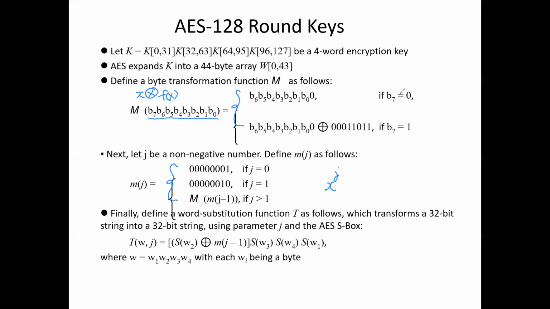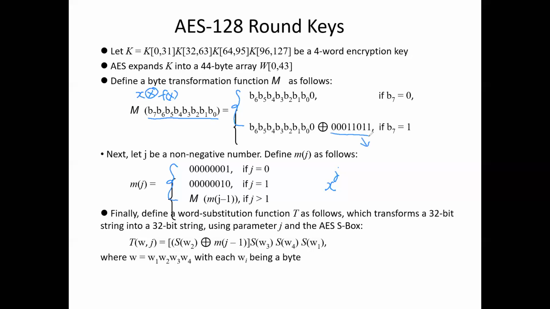If B7 is 0, it is a left shift. Otherwise, if B7 is 1, it will be a left shift first and then exclusive OR with this.